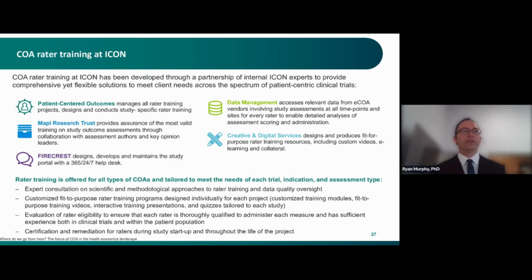And ultimately, all of this can be tracked through certification of the raters during the study startup and any remediation of the raters should any issues arise over the course of the life of the project. So all of that provides an audit trail that the regulatory agencies are likely to want to see.